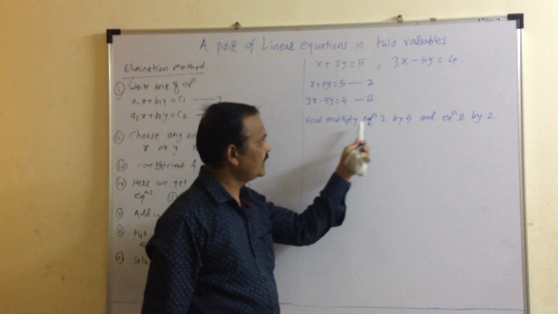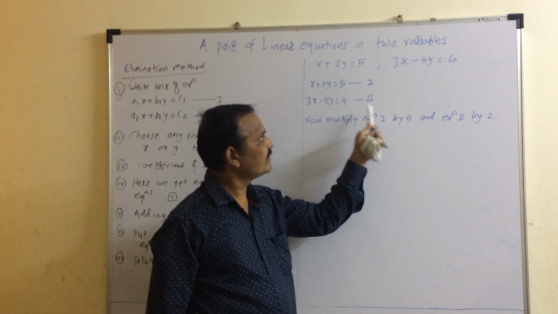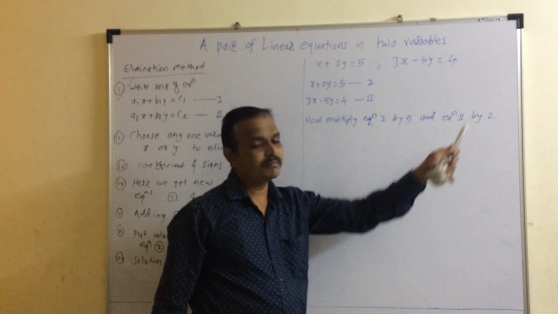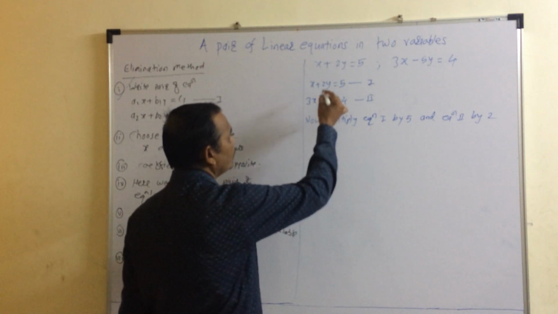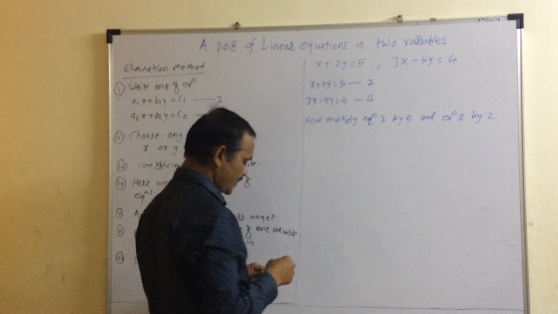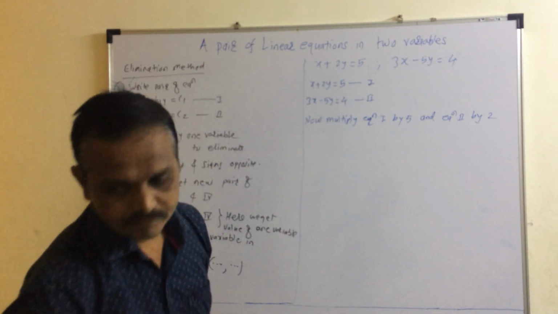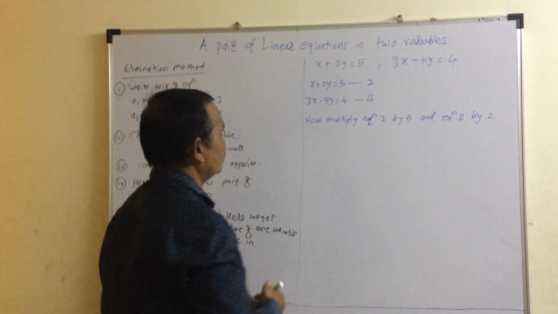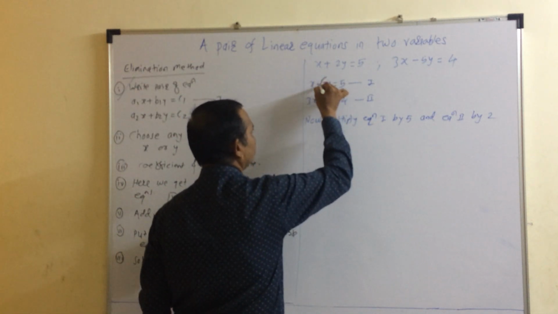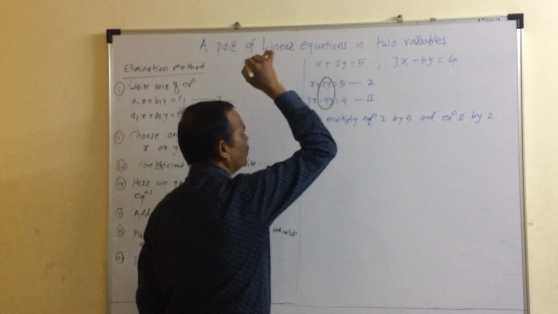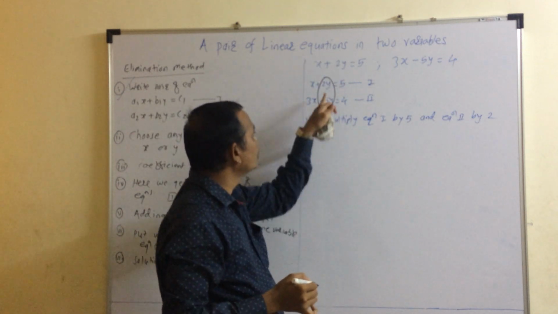So by multiplying the first equation by 5 and the second equation by 2, in this step we get... we have to eliminate y.